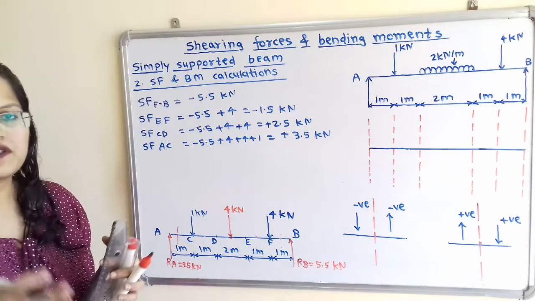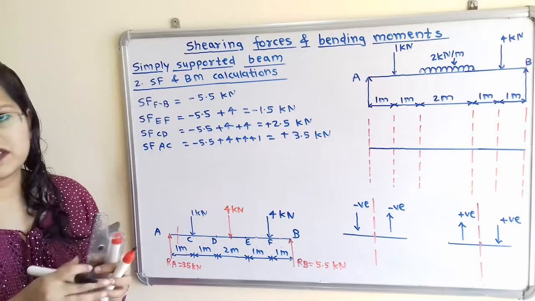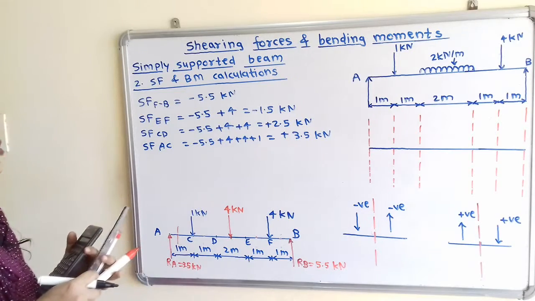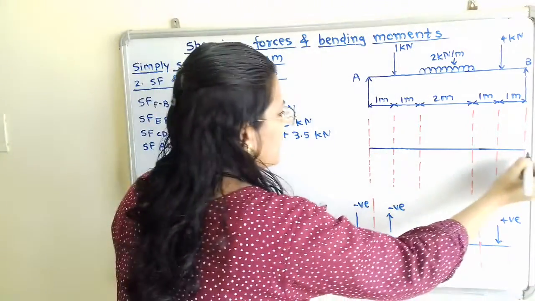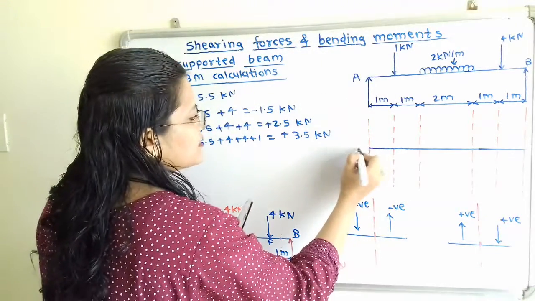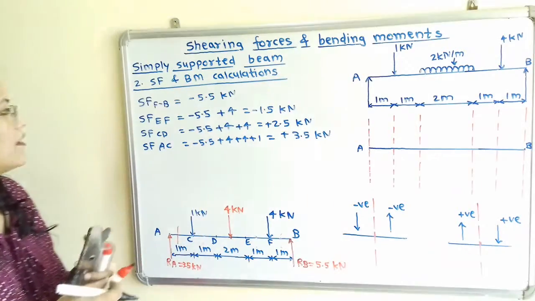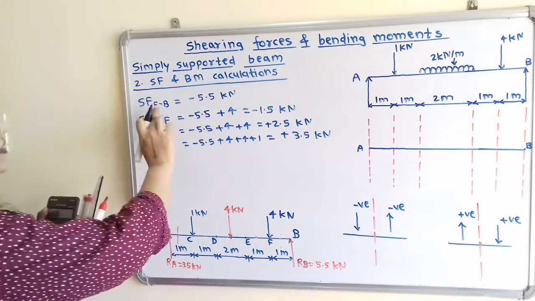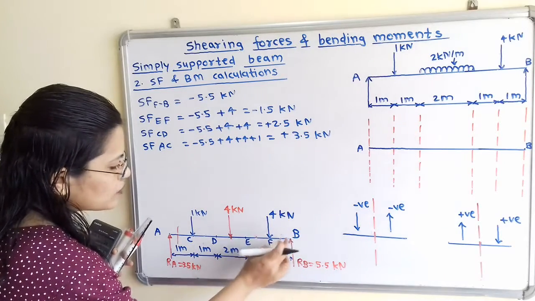Now if we observe, the shear force due to a point load will remain constant. So how to show this? So first we will plot the data. We have to first take one baseline, and here is the point A and this is the point B. Now the shear force in the section FB. So this section is due to this point load.